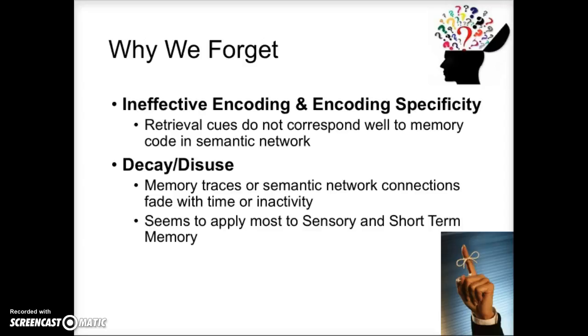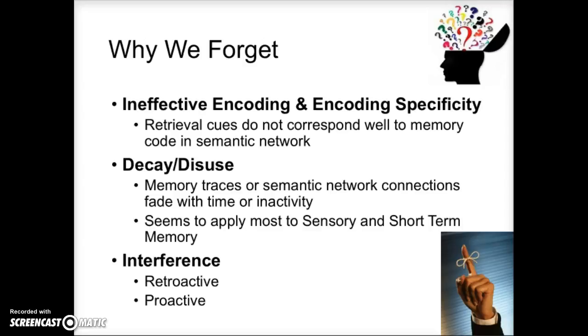So memory could be lost, or difficult to retrieve, if we haven't activated or used it. At this point, the research supports that decay and disuse happens for sensory and short-term memory most. Long-term memory tends to become just a little less able to be retrieved, but it isn't lost altogether.